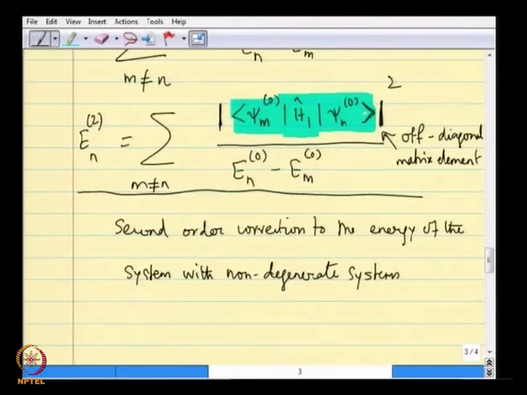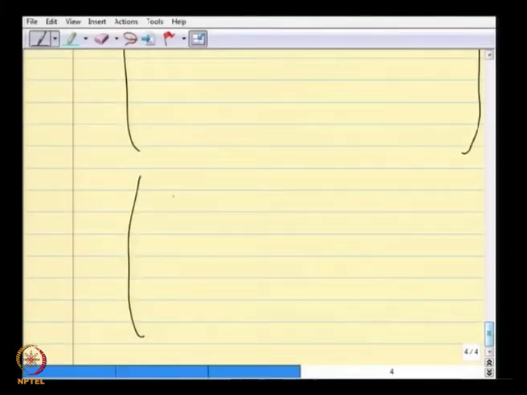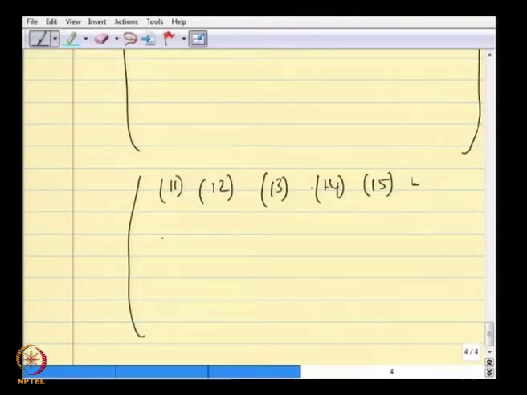Therefore, if you write this as 1 1, 1 2, I think that is a better way of writing it, 1 3, 1 4, 1 5 and so on, the perturbation correction to En2 is given by the matrix element, suppose this is the second energy level, then we have the matrix element 1 2 as the first item divided by the energy difference between 1 1 and 2 2.